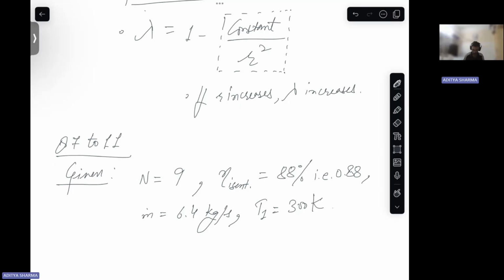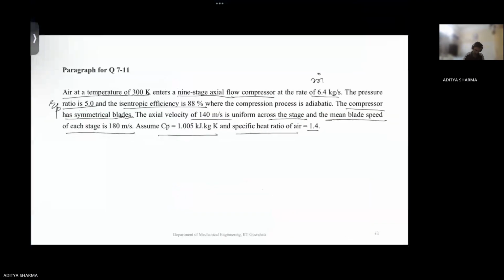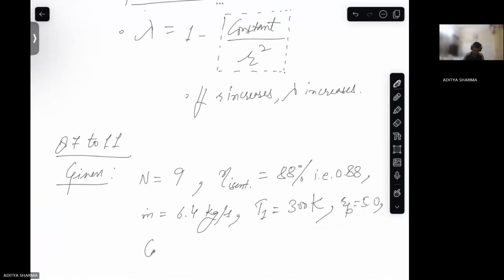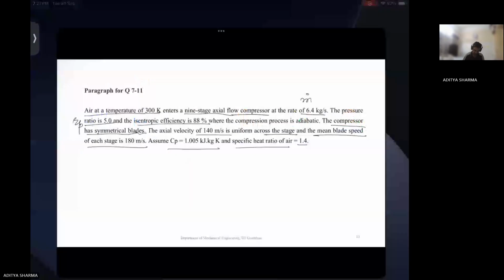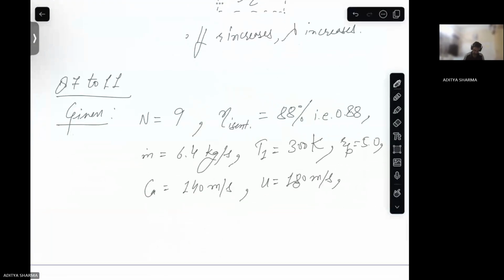RP is 5.0. CA is 140. Then U is 180. Cp is 1.005 kJ per kg Kelvin.